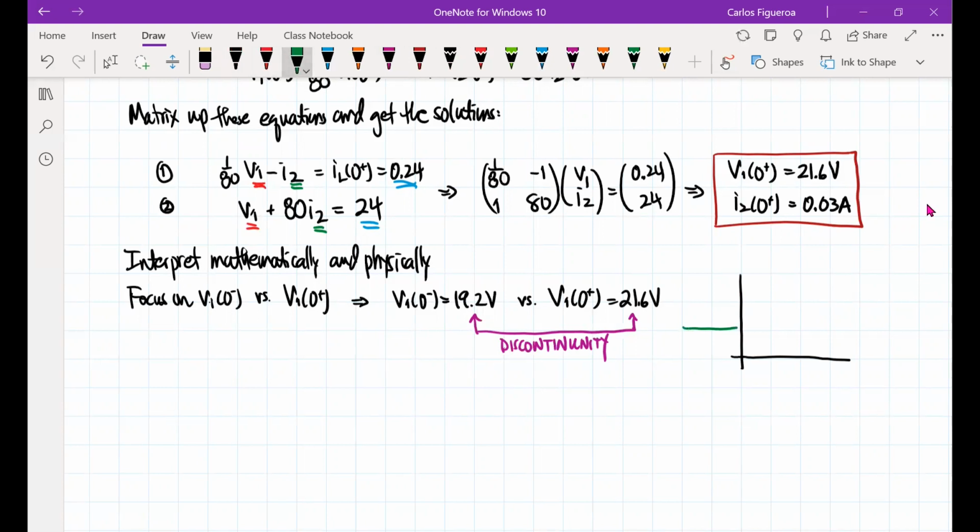Let's say that this is V1. So this is V1 of 0 minus, and this guy is 19.2 volts. And then when the switch is thrown, the voltage jumps up to this point right here.